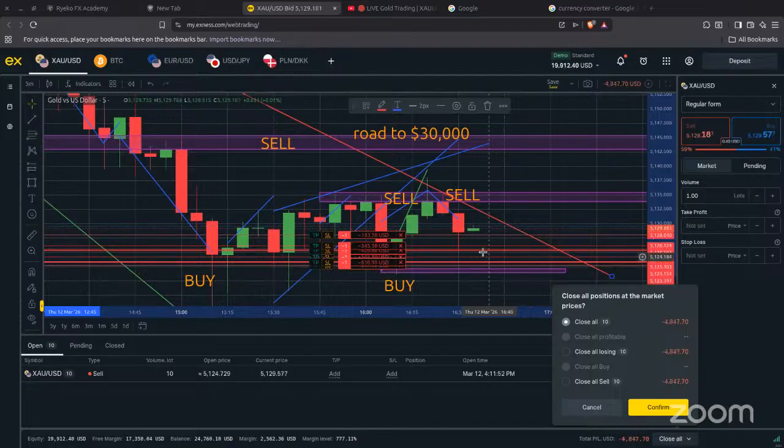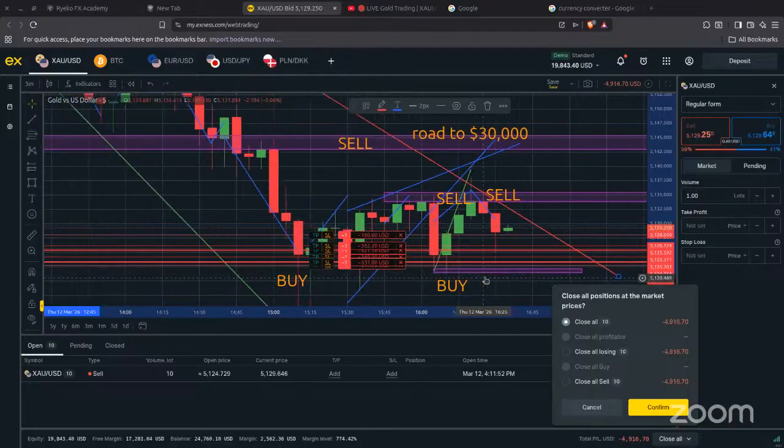The only thing that I need to do, let's wait for this. I must be able to monitor from here. And this is an inverted hammer. So this one closed below, it's an inverted hammer.